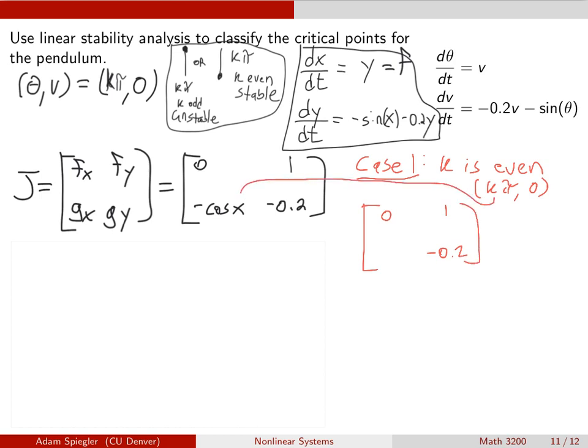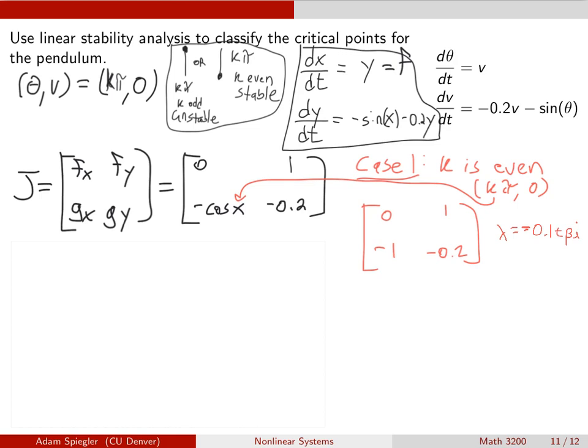If I plug this into the cosine function, if k is an even number, then the cosine of k times pi is going to be positive 1. We multiply that by the negative in front, and that gives our matrix of coefficients for that linearized system. When you calculate the eigenvalues for this matrix, they're going to be complex, of the form real part minus 0.1 plus or minus some beta i.